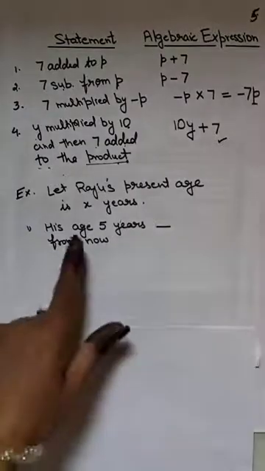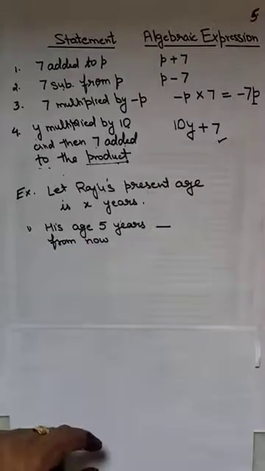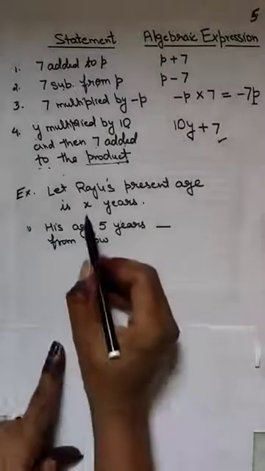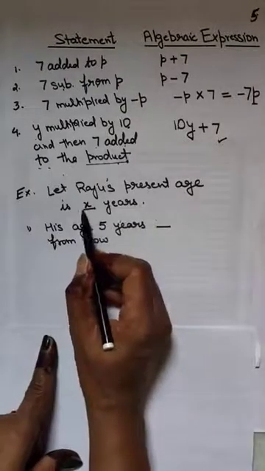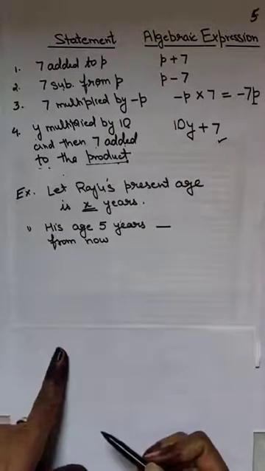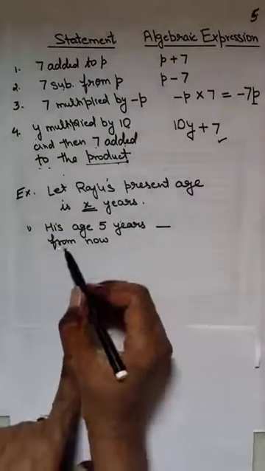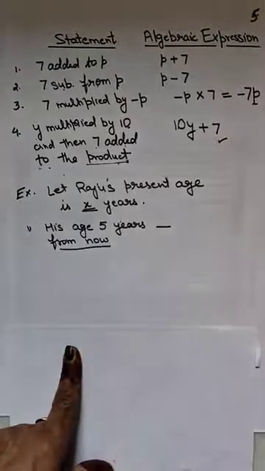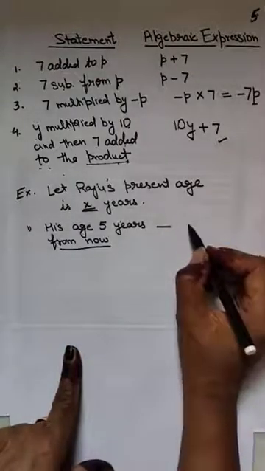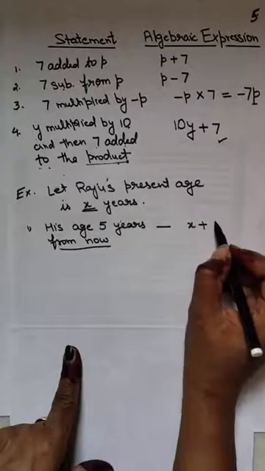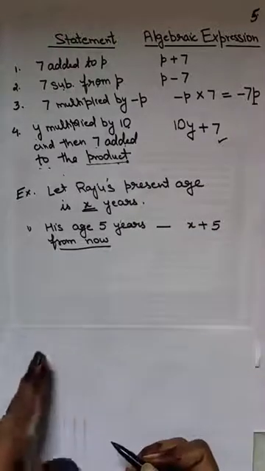What is the meaning of 5 years from now? That means after 5 years. If today his age is x years, what is his age after 5 years? From now means आज से 5 साल बाद. So it is x plus 5.